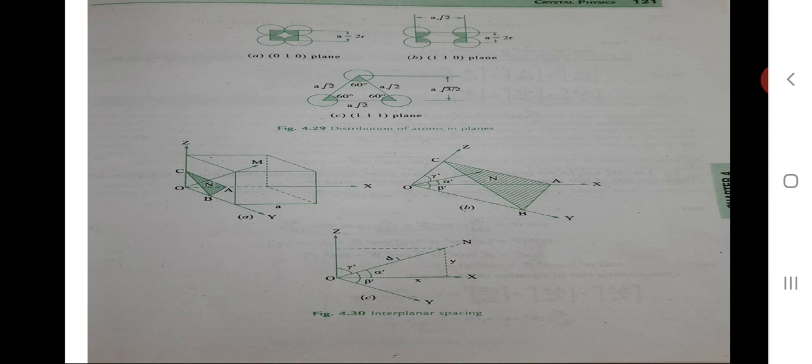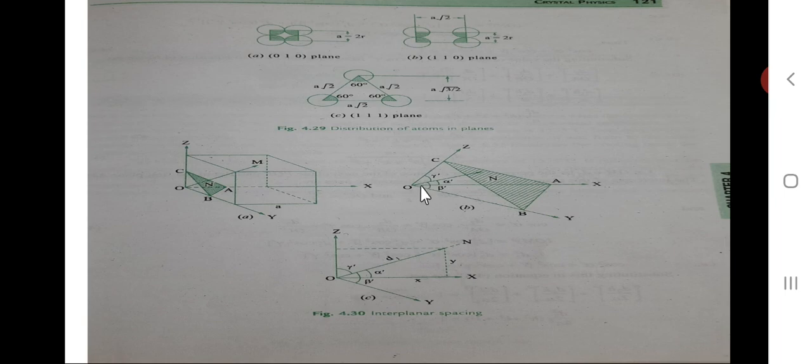Now OM square is equal to d2 square cos square alpha dash plus d2 square cos square beta dash plus d2 square cos square gamma dash. d2 square is equal to d2 square in bracket cos square alpha dash plus cos square beta dash plus cos square gamma dash. Now you know that cos square alpha dash plus cos square beta dash plus cos square gamma dash is equal to 1.